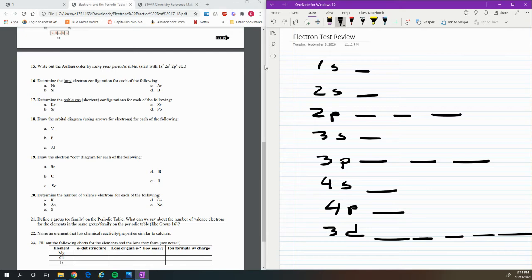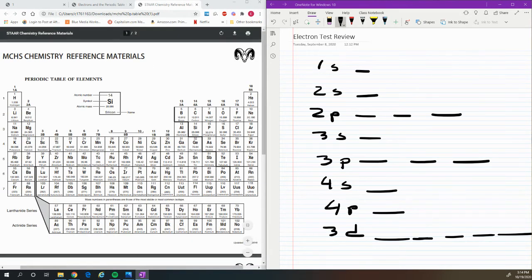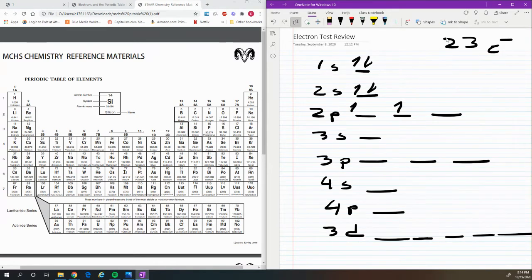All right, let's do one for vanadium. So vanadium is right here, 23. It's element number 23. I know it's got 23 electrons, so I'm just going to put them following the three rules. So 1, 2, 3, 4, 5, 6, 7.